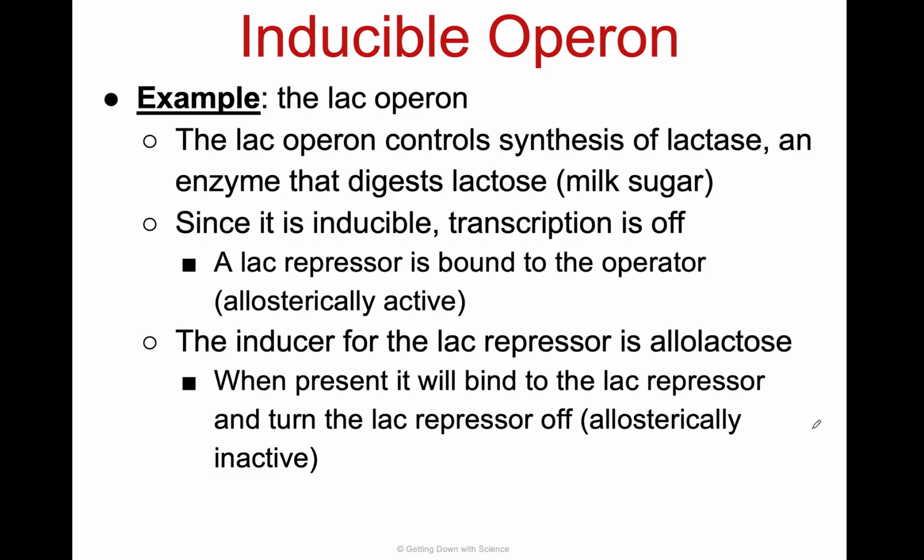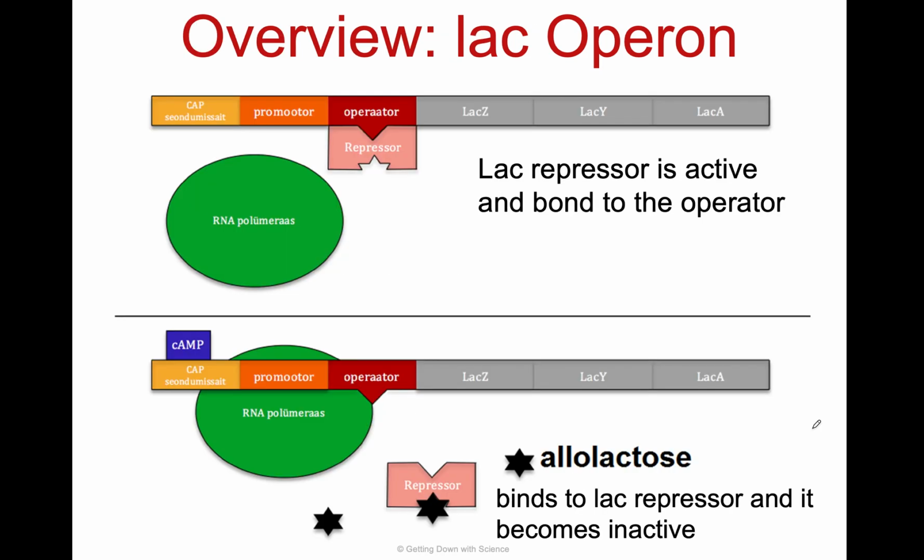So this is all nonsense. Let me show it to you in image form. Genes can now be transcribed. Here we go. So this makes more sense. We have an operator here. There's a repressor on there, and it's sticky on there. The lac repressor is active and bound to the operator. So this is the repressor in its active form.